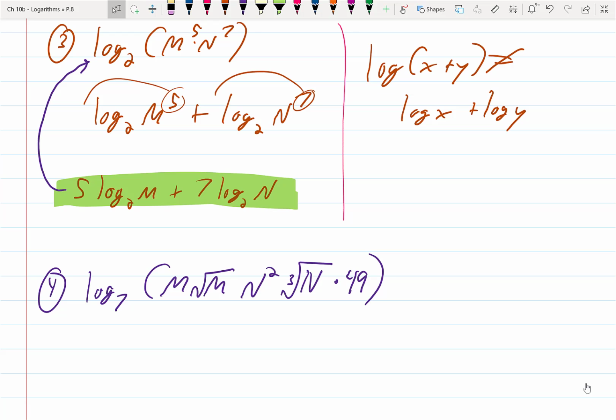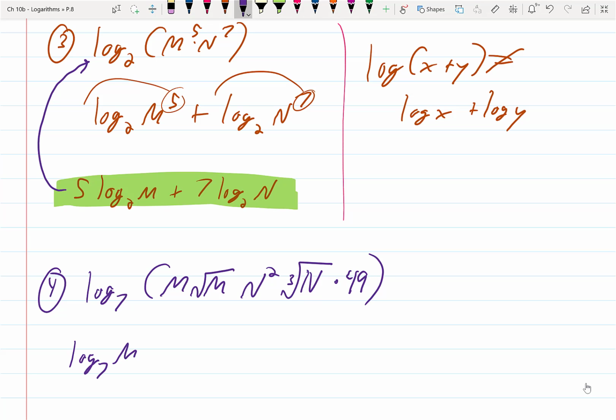So breaking this up means you have two options here. If any of you are looking at this and saying, well, that's just m to the 3 halves, good. You're going a little shorter than you have to. You're taking some shortcuts, and that's fine. Just like this right here would be n to the 2 plus a third. But you don't have to, 7/3.